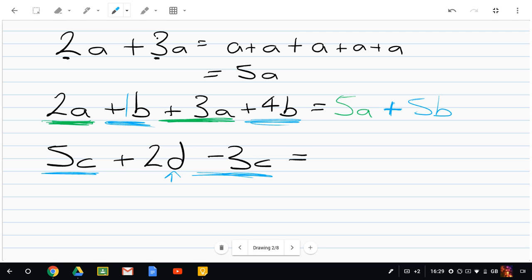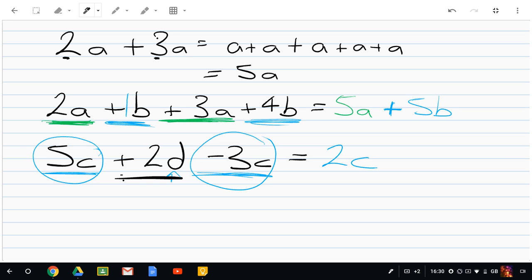C's come before D, so we usually do those first. So 5C, now when I say we add our terms, we actually add, but we may have to make sure that we include the sign that precedes it. So 5C minus 3C gives me 2C's, and we're plussing our 2D, so don't lose that one. And there's my answer.